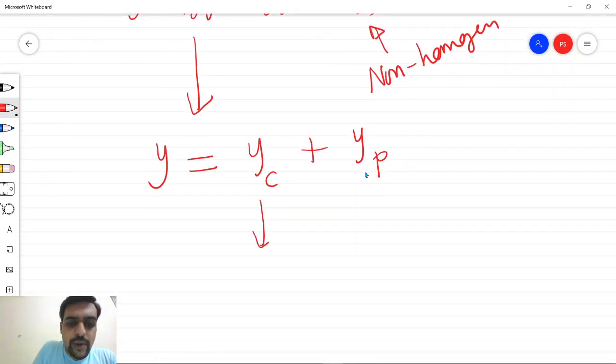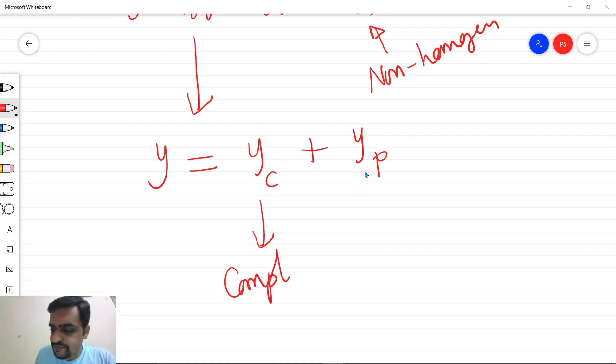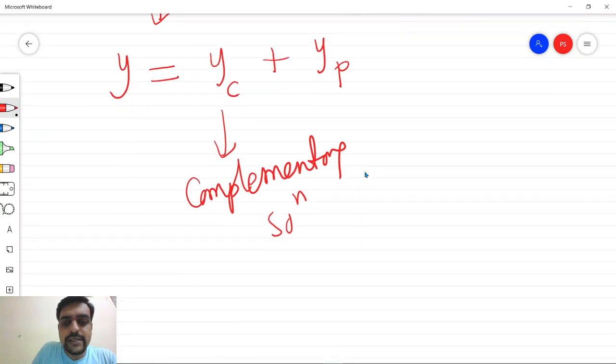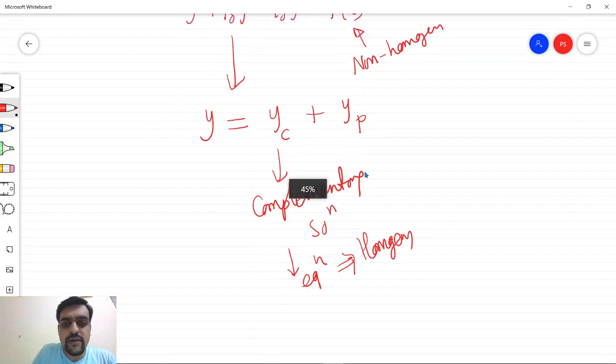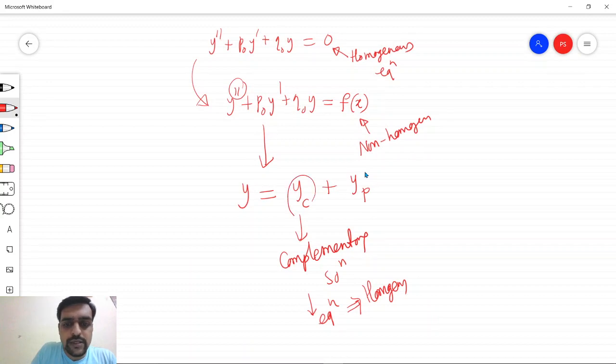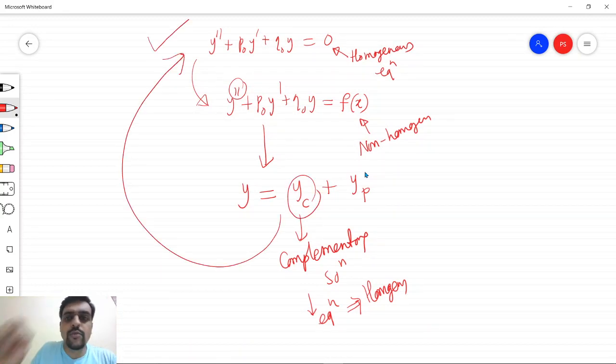This yc part is called the complementary solution, and it is the solution of the same equation when it is homogeneous. That is, yc is going to be the solution of the homogeneous part of the equation.